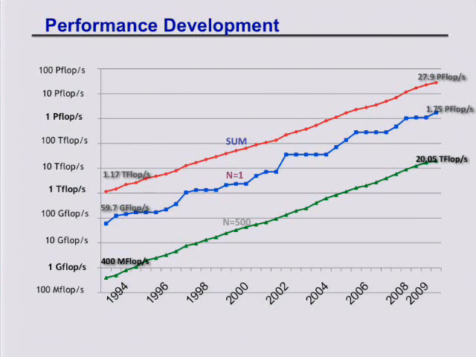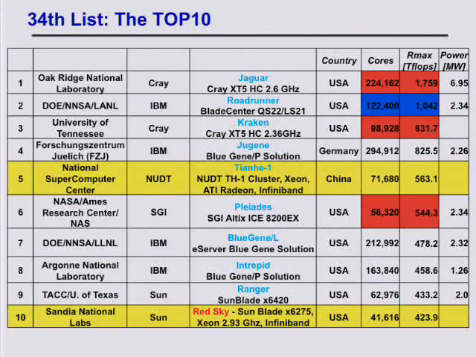Those machines tend to be more commodity clusters, whereas the number 1 machine tends to be a supercomputer constructed specifically for very large-scale computations. The other interesting curve is the sum of all the performance of the machines in the list. We're currently at about 28 petaflops of total performance from those 500 machines, and that trend is also a smoother logarithmic curve going up.